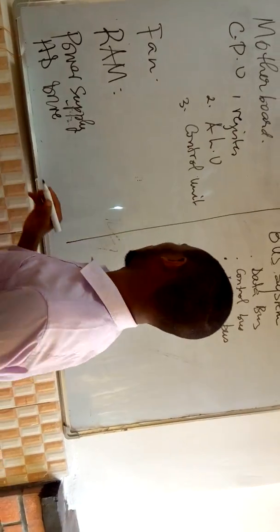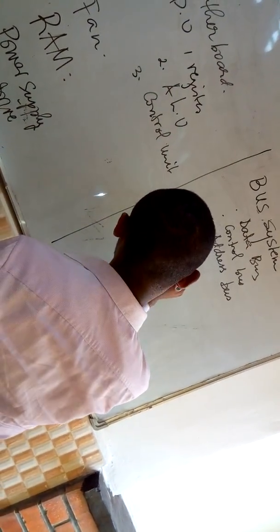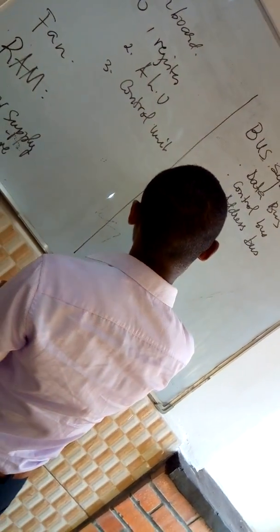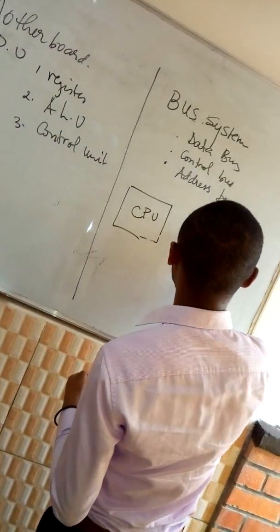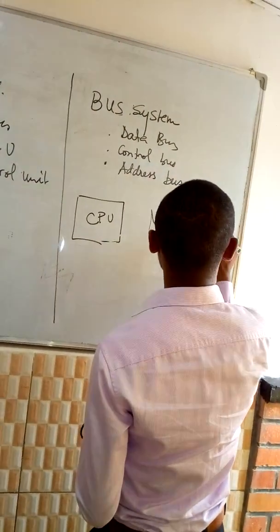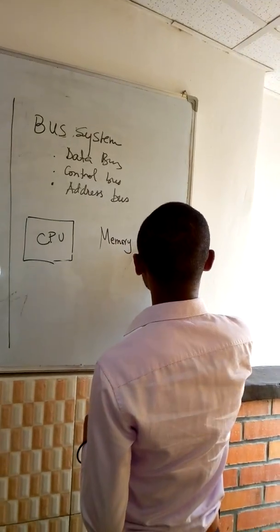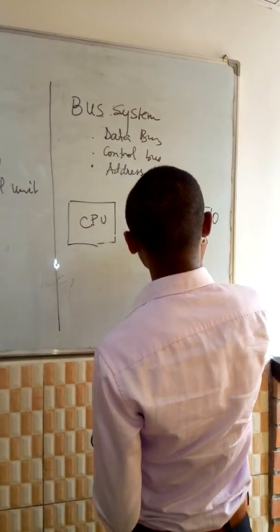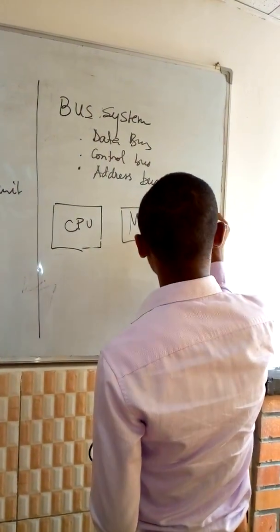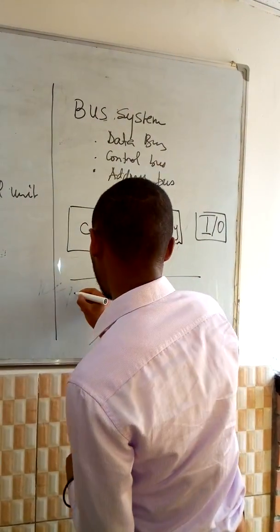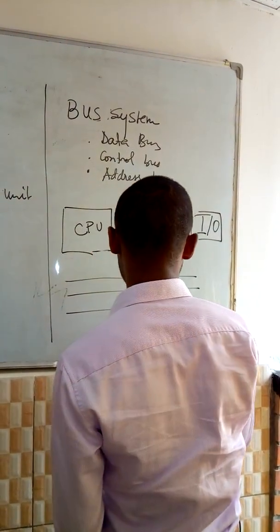For example, you can have the CPU, memory, and input output devices. So these are buses.